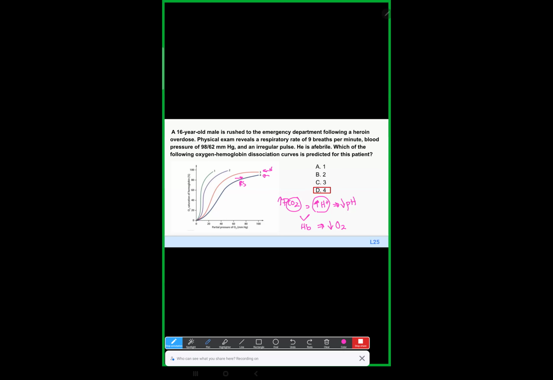The reason why it's not 2 or 1 is because this is a left shift, which indicates that there is an increase in affinity of oxygen to hemoglobin, which is not the case because we have an increase in PCO2 and hydrogen ions. Is that clear? Great. Okay, moving on to the next one.